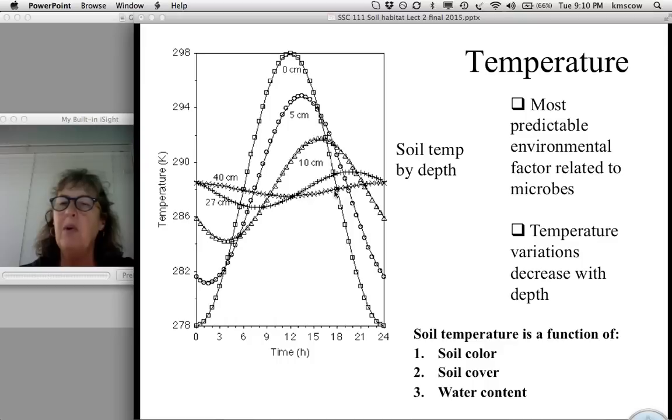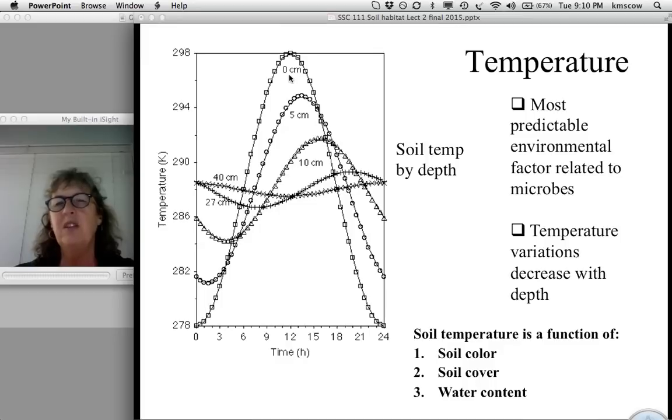But at some point, you're going to hit a depth of soil where it says, I don't care what's happening in terms of the diurnal pattern outside, on the surface. The temperature is dampened at these lower depths, and you see very little response to changes in temperature over the day.